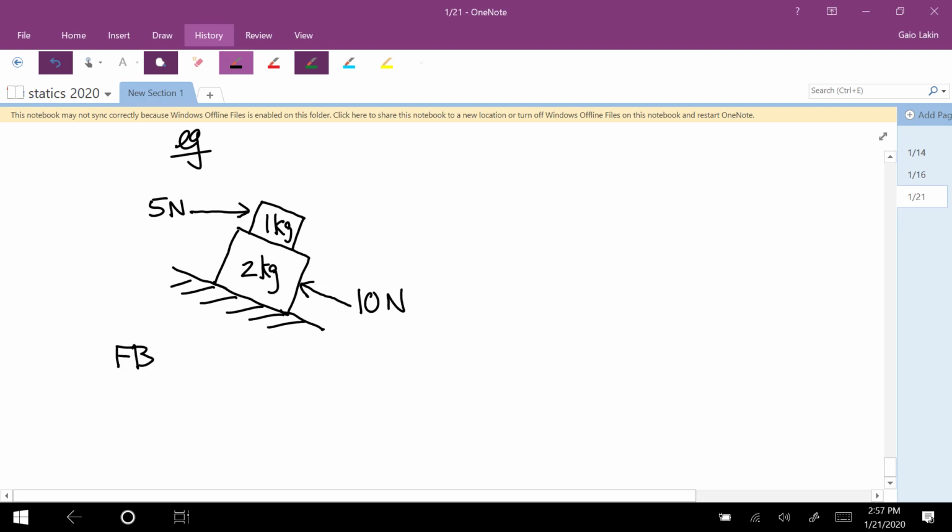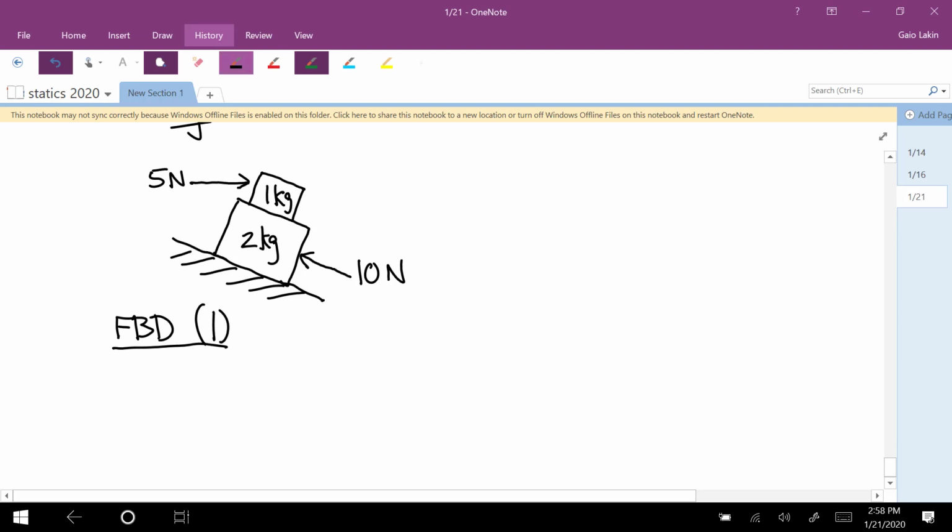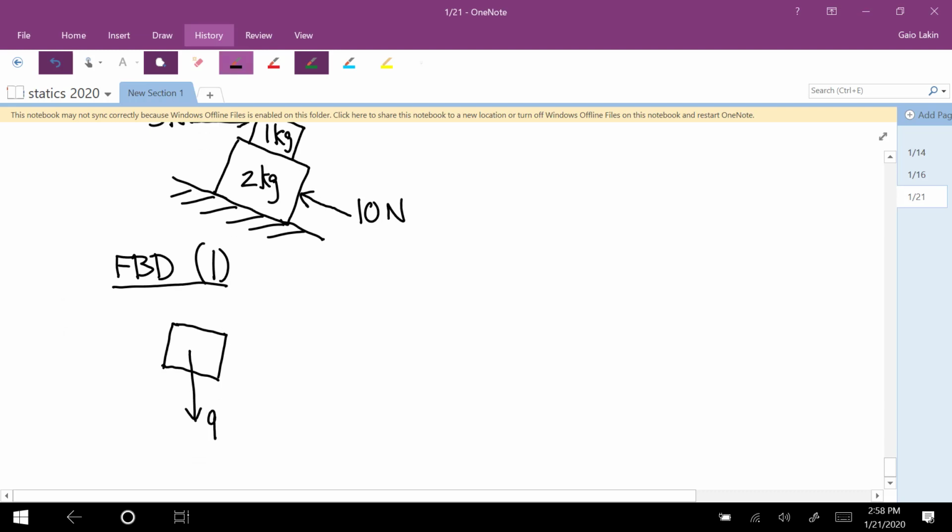So free body diagram of the, let's do the 1 kilogram first. There's a weight force of 1 kilogram times 9.81, so 9.81 newtons down.